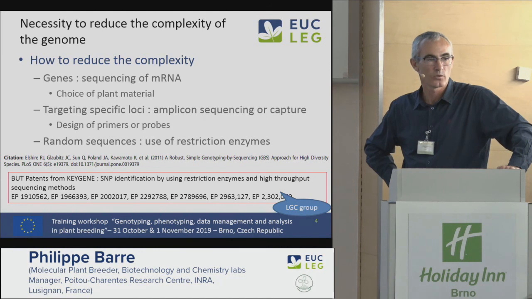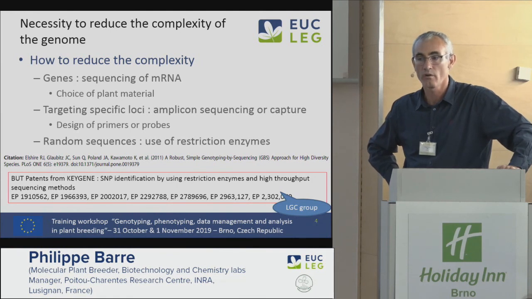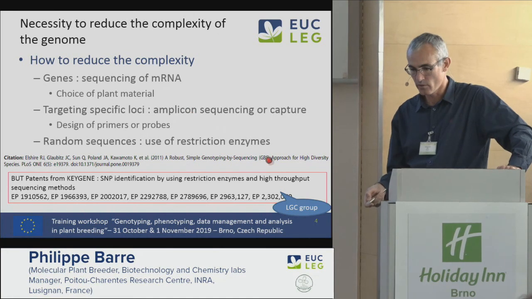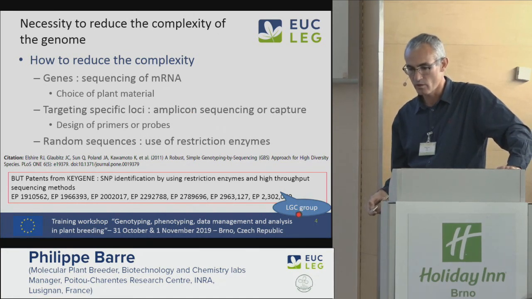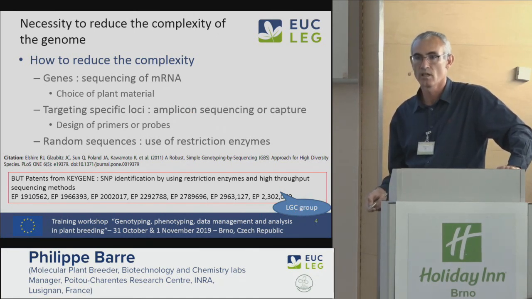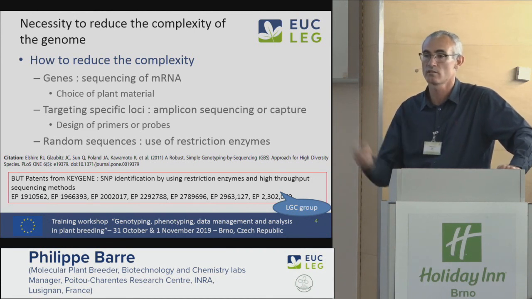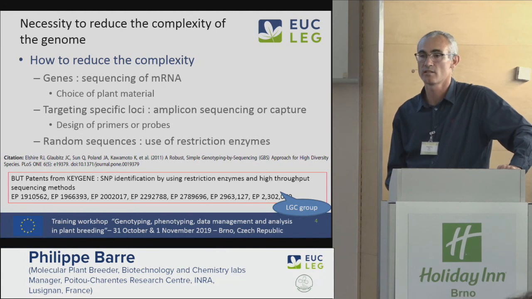It means that if you want to perform GBS, you will have to buy a license. Or you have the possibility, in Europe, to work with the LGC group, and they provide the service to get GBS analysis.